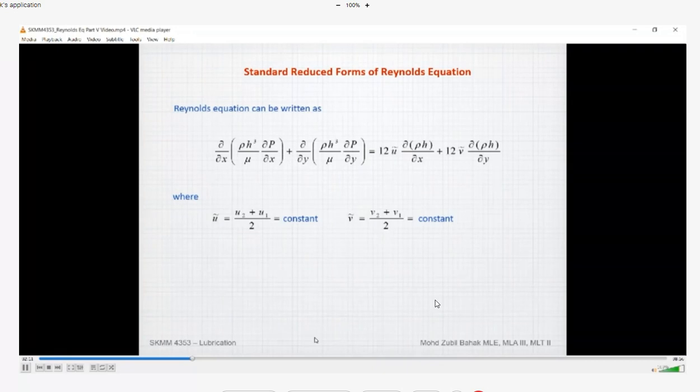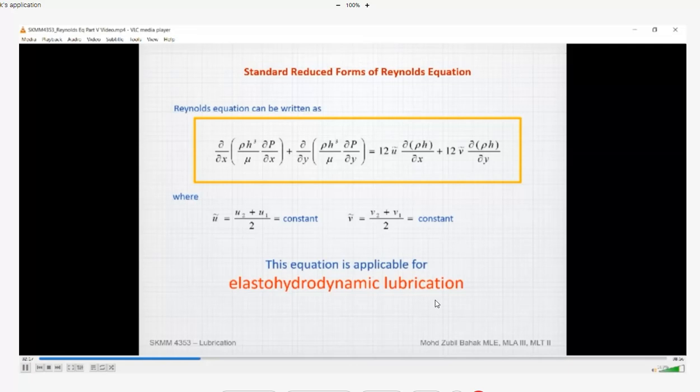So this equation in the box is applicable for elasto-hydrodynamic lubrication, which consists of, for example, the ball bearing, and cylinder on cylinder or sphere on sphere. I can use this reduced form of the Reynolds equation.